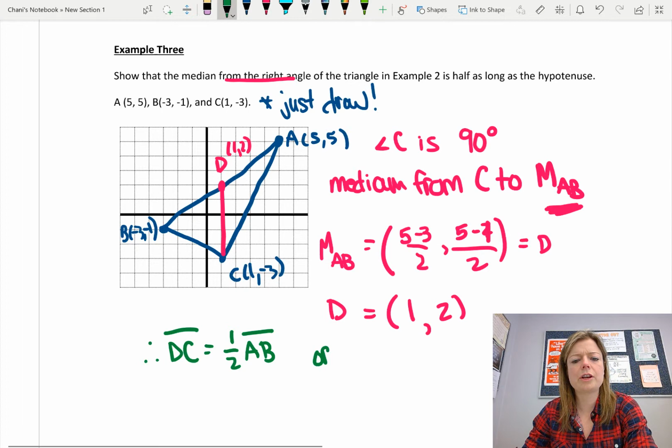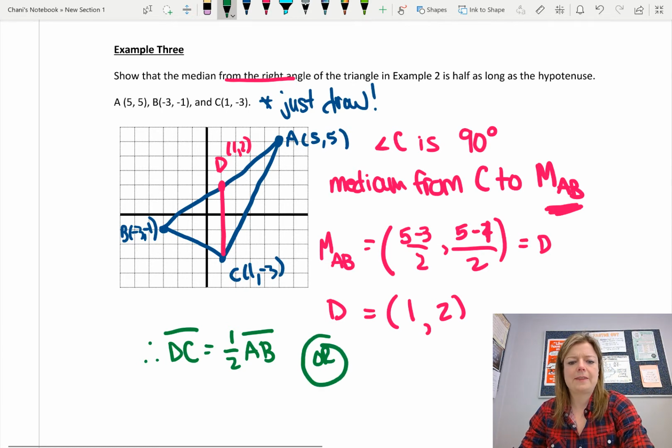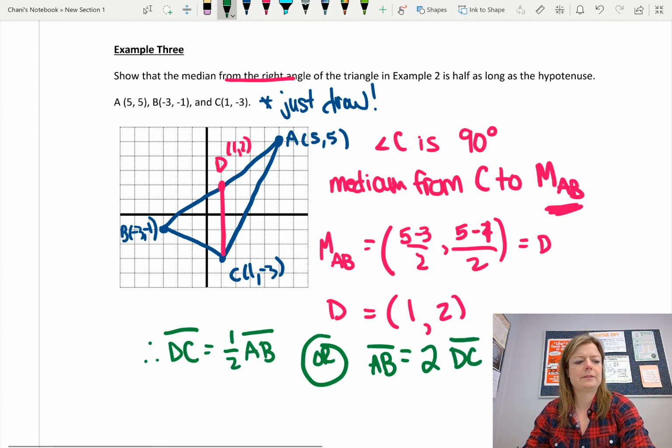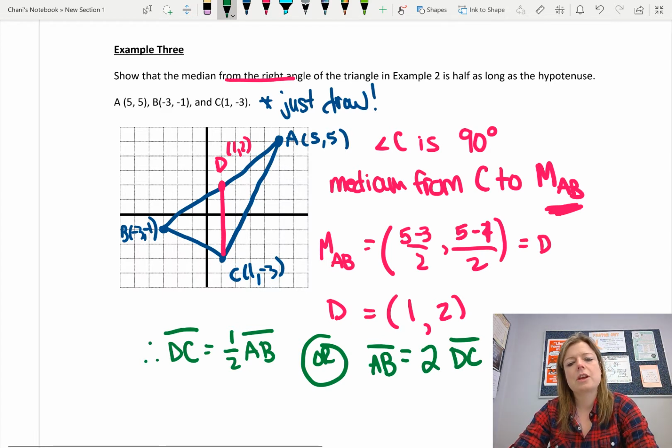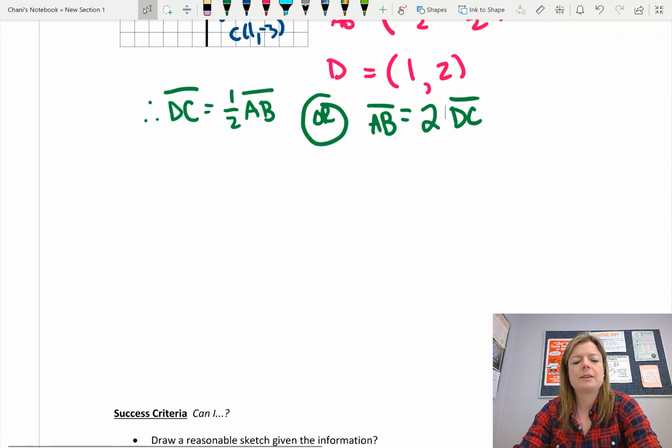Okay, or you could write that the length of AB is twice the length of DC. Okay, either one works. It's completely up to you which one you like better. So you just have to find the length of this using the formula and the length of AB using the formula and show that.